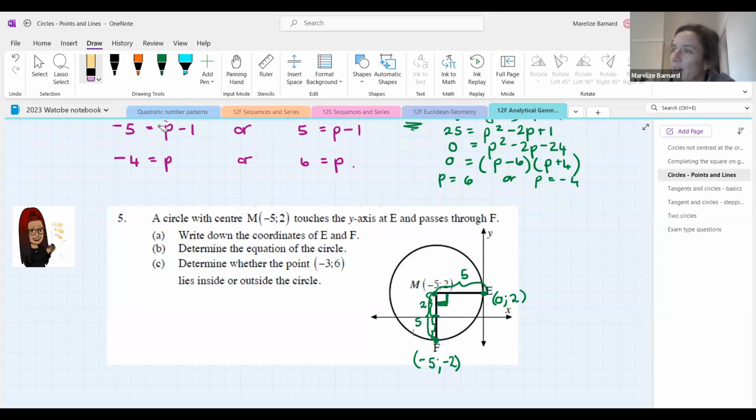Okay, let's look at that one again. I'm going to rub all of this out. Because this x coordinate here is 5, it means that the radius is also 5. So this distance here is the radius, and that is going to be 5. So then this must also be 5.